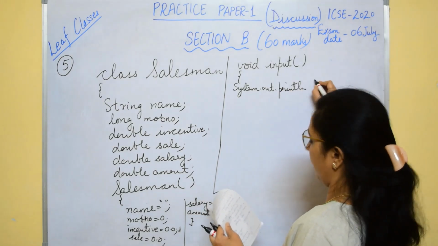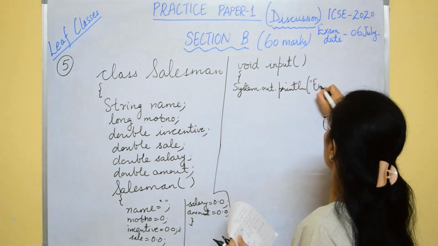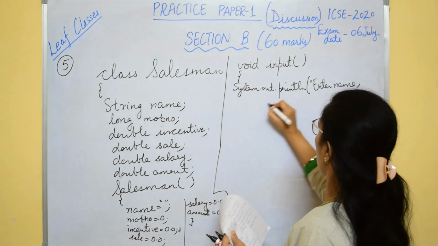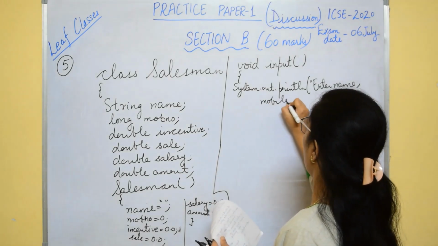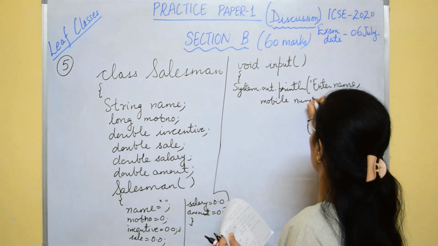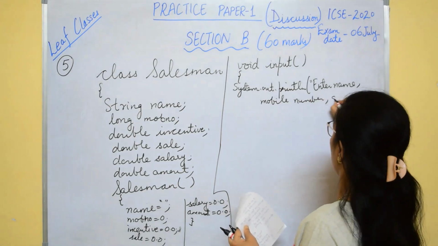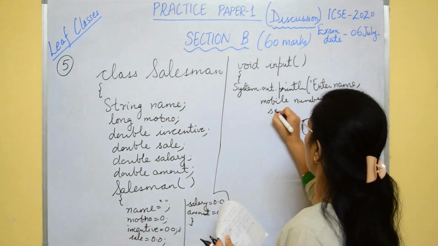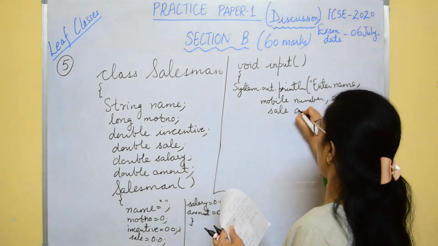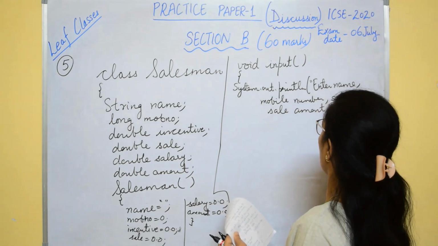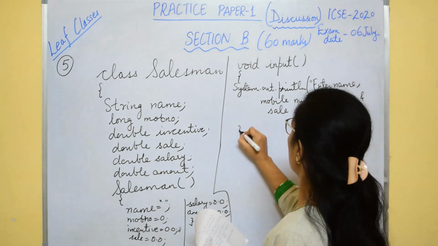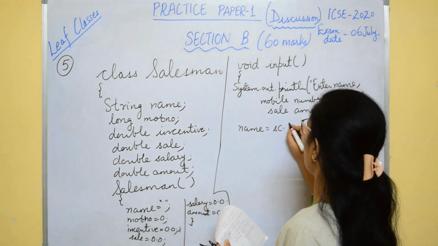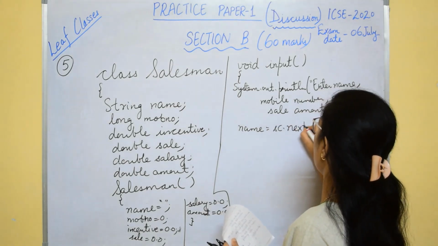System.out.println, enter name, comma, mobile number, comma, salary and sale amount. Then after this, name equals to sc dot nextLine.